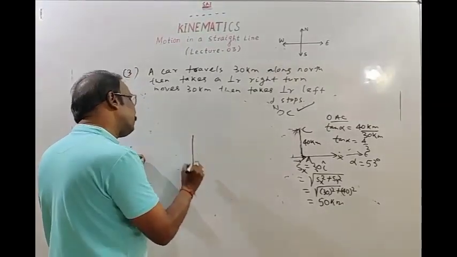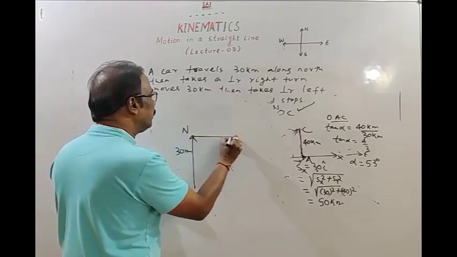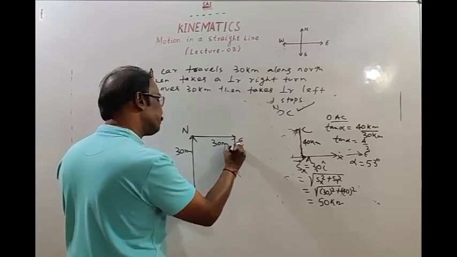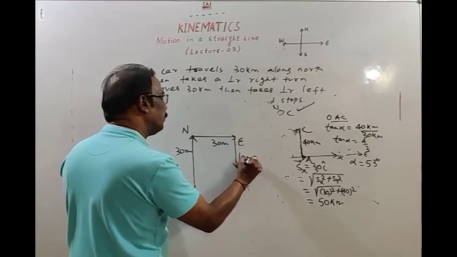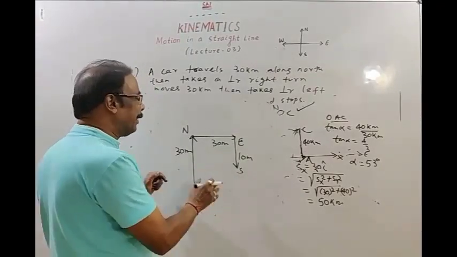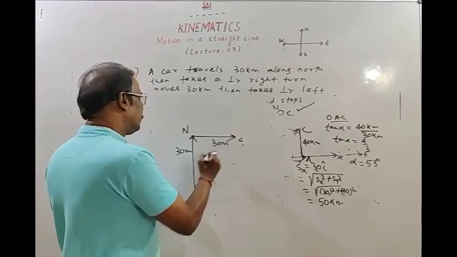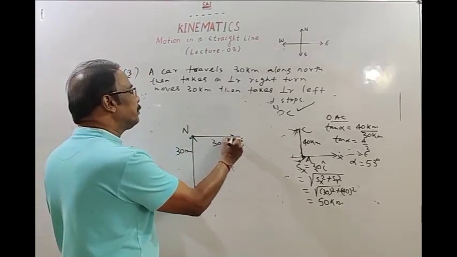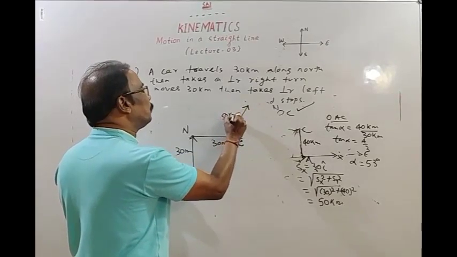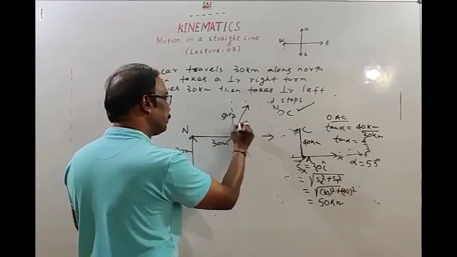See, suppose a body moves 30 meter along north, then moves 30 meter along east, then moves 10 meter along south. We will do this type of questions. Number 1, what will be distance and displacement? Number 3, 30 meter along north, 30 meter along east, then takes a displacement of 50 root 2 along northeast. Say this is east, this is north.